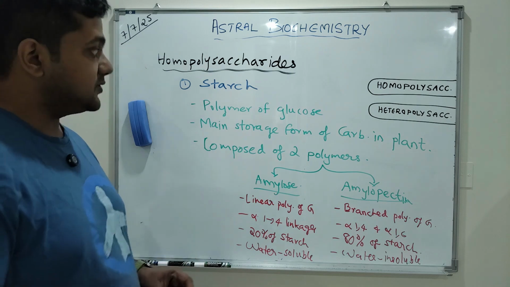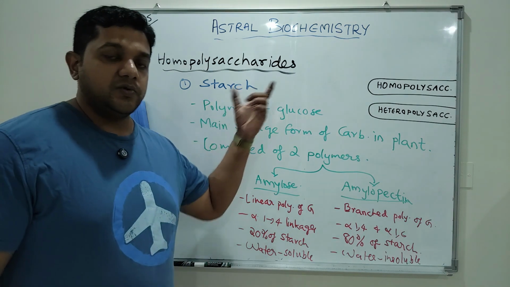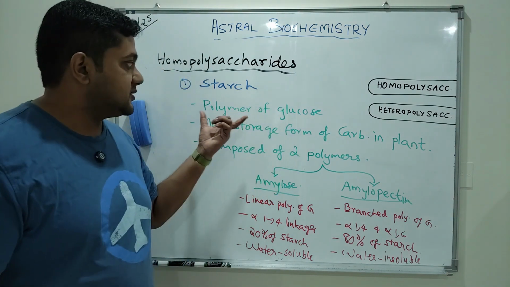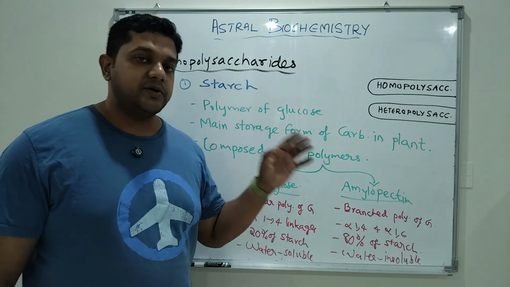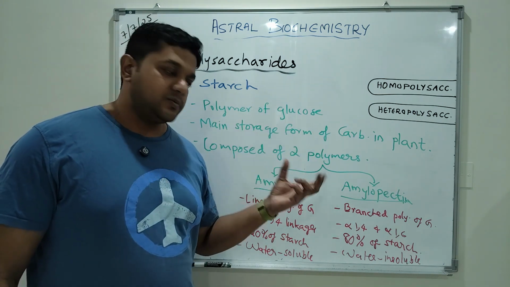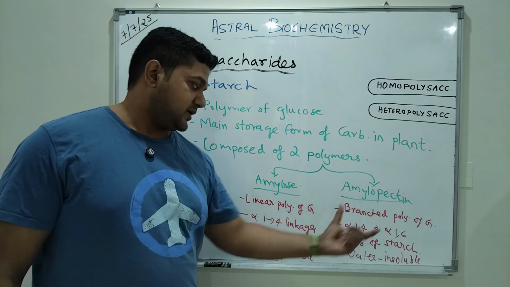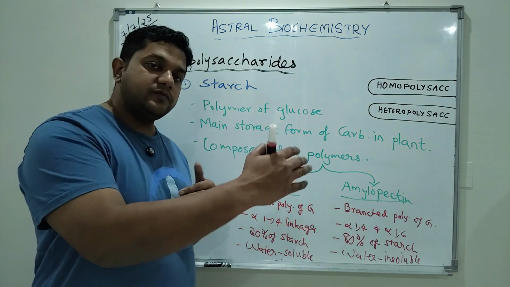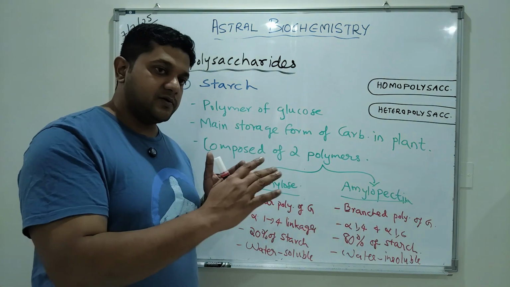So these are the main points in favor of starch. When you discuss starch, it is a polymer of glucose. It is the main carbohydrate storage form in plants. It's mostly composed of two polymers, amylose and amylopectin. Amylose is a linear polymer of glucose, so the linkages will be alpha 1,4 only.